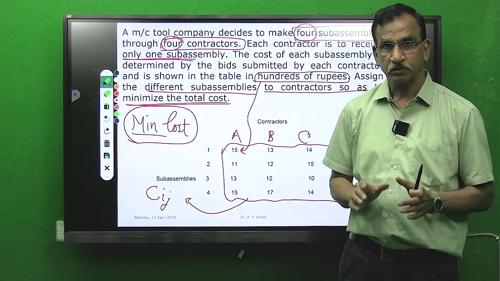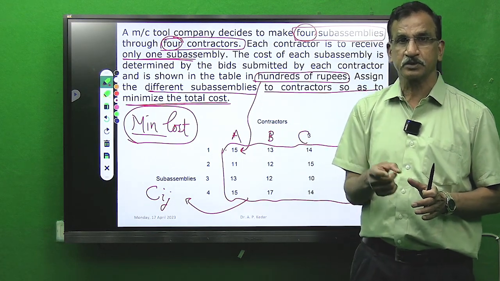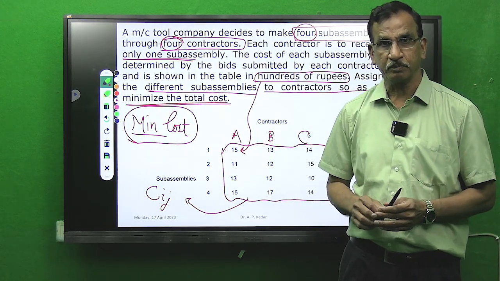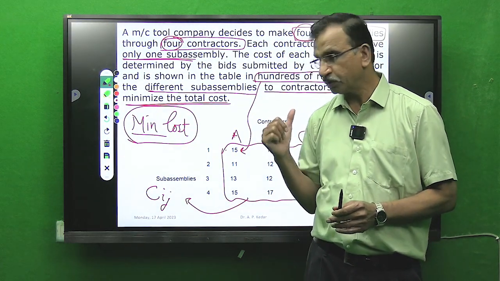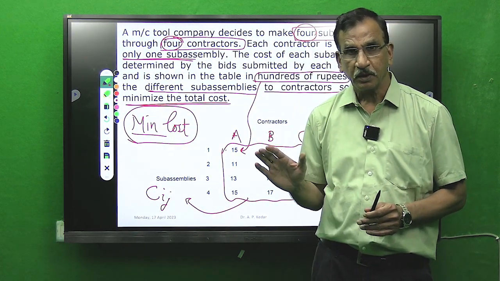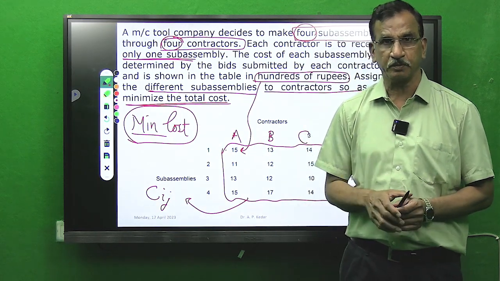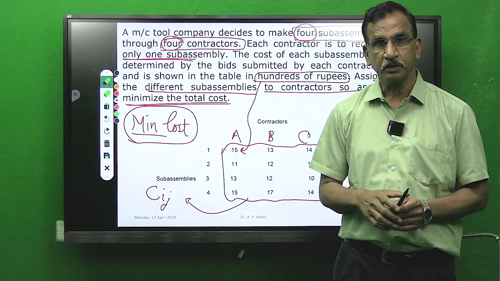Today we will stop at this point, and in the coming lecture we will see how to solve this problem. Till then, you can practice this given problem and note the various contents given in it. We will see its solution in the next lecture.